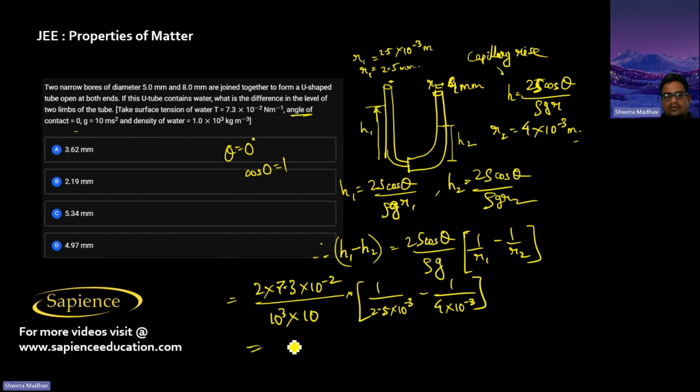This will come 2 into 7.3 into 10 power minus 2 into 10 power 3 divided by 10 power 4, into 1 by 2.5 minus 1 by 4.